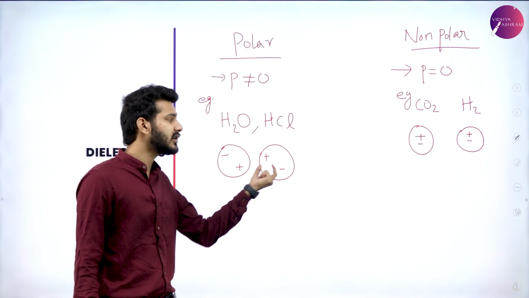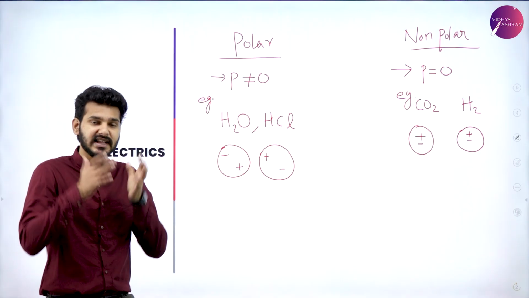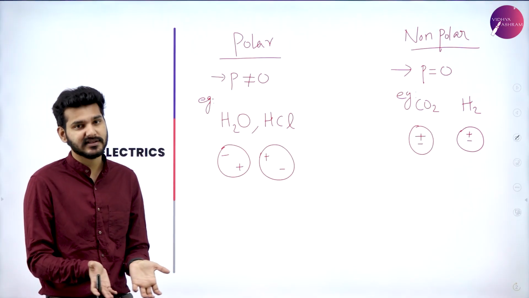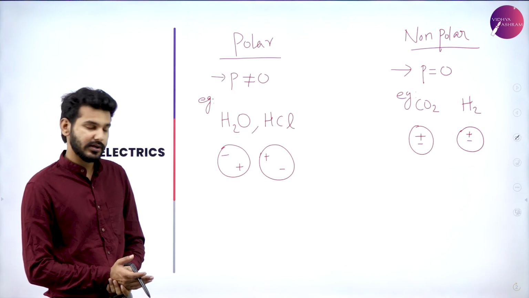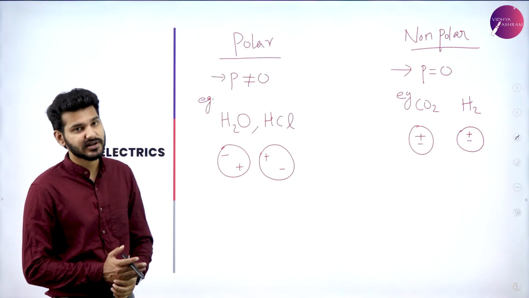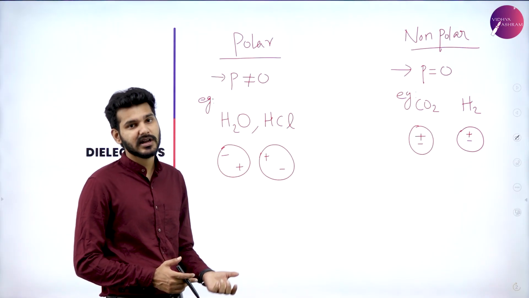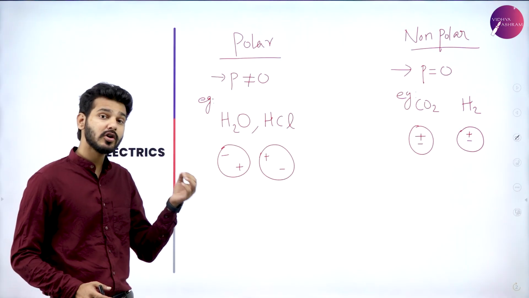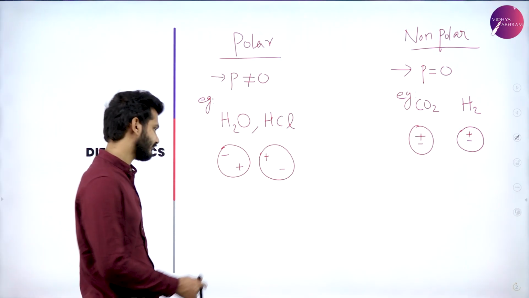Even if individual domains have an electric field, in the total sense, the net electric field will be cancelled out when we take the entire sample. When we take the entire area we are considering, the net electric field will be equal to 0 because the charge domains are randomly oriented.